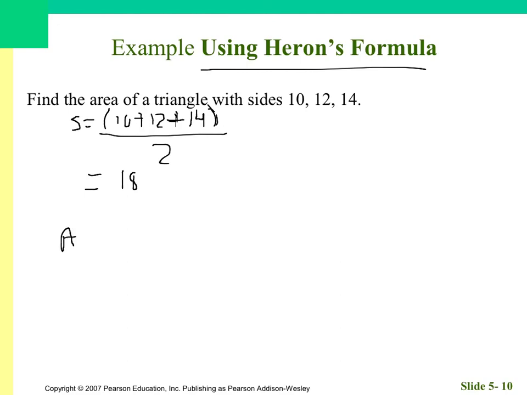So then you have area equals the square root of 18 times 18 minus 10 times 18 minus 12 times 18 minus 14.